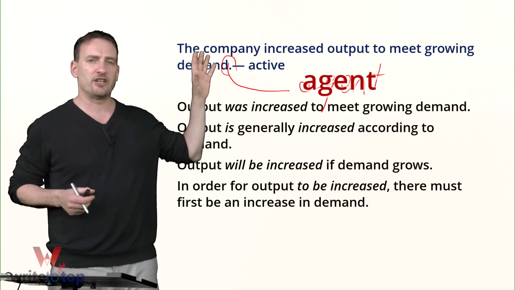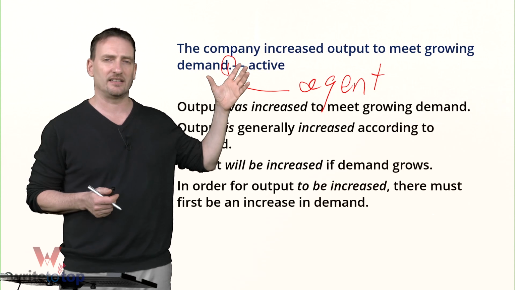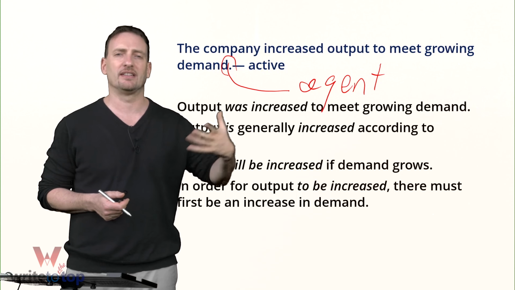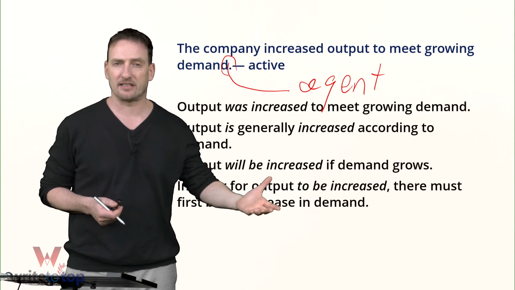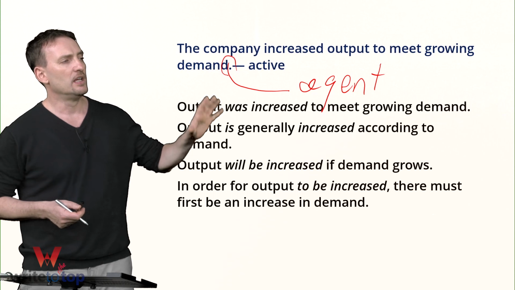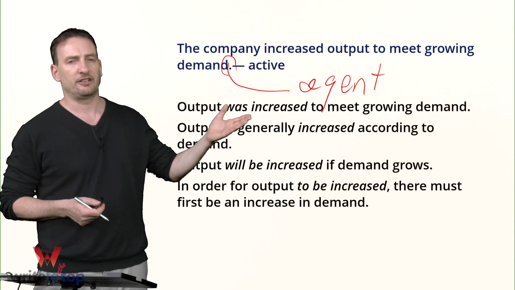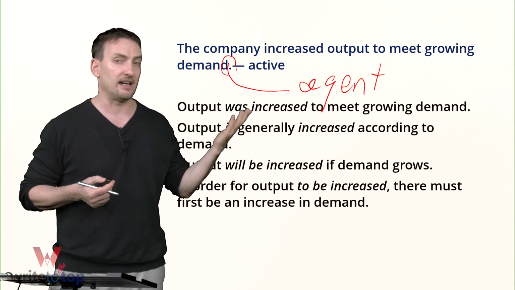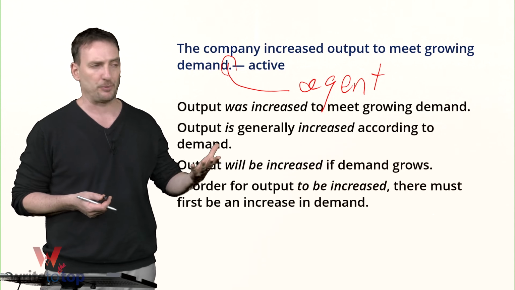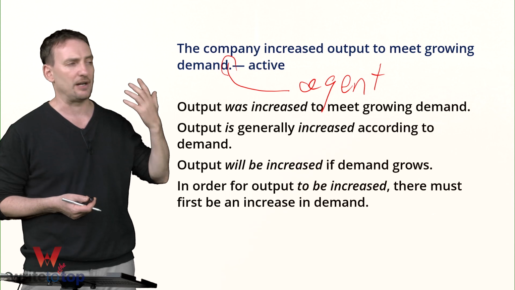Once the original subject in the active sentence goes into the passive, it is now called an agent. Sometimes it's necessary, sometimes it's not, and we'll talk about that in a moment as well. So here, output was increased. It's kind of clear that it's the company that did it, or whoever is responsible for the output, or it's just not important. So I can take the agent out.